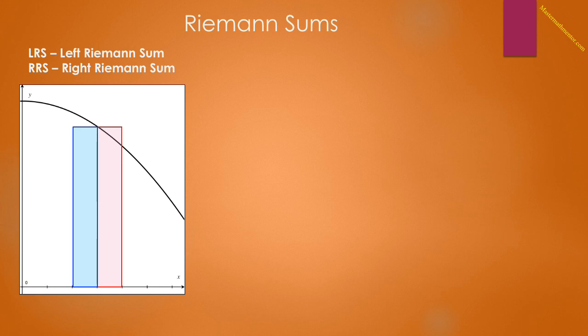The exact same blue right Riemann sum rectangle will be generated as we build them from the right. For all rectangles except the leftmost and rightmost, this will always occur. Both calculations, LRS and RRS, use exactly the same rectangles except for the leftmost and rightmost.